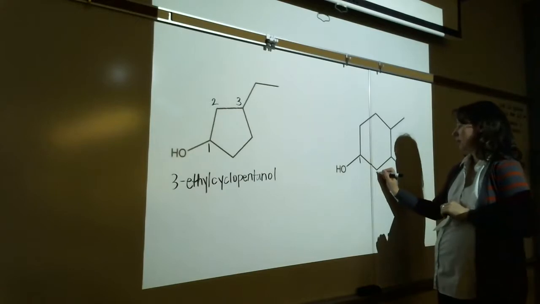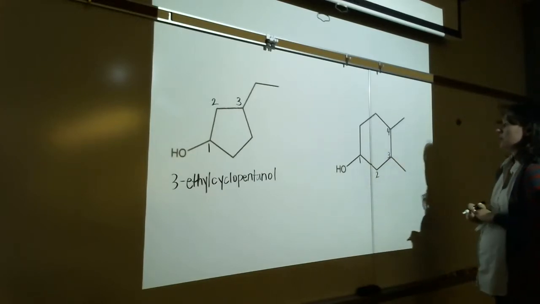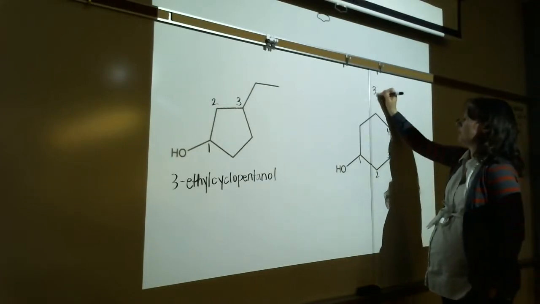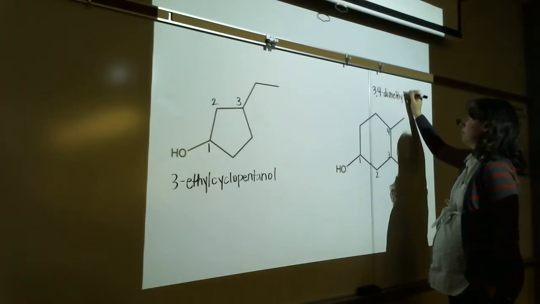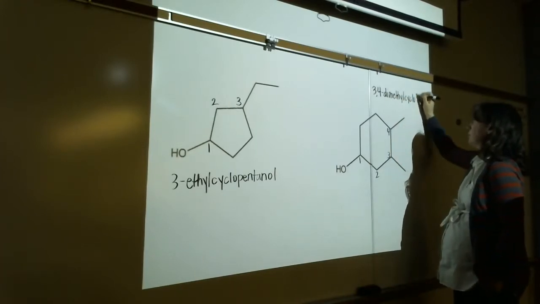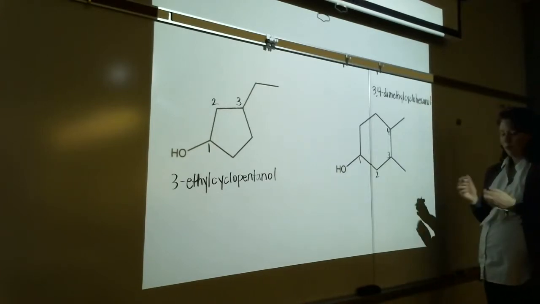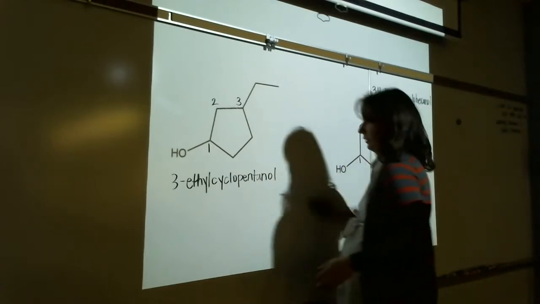Counterclockwise, right. 2, 3, 4, 5, 6. So what's the name of this? 3,4-dimethylcyclohexanol. Right. Good. Feel good on naming rings? All right.